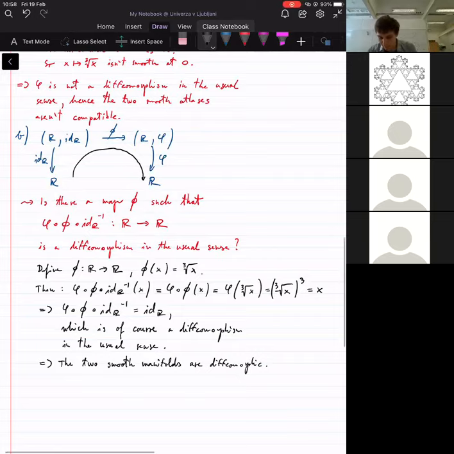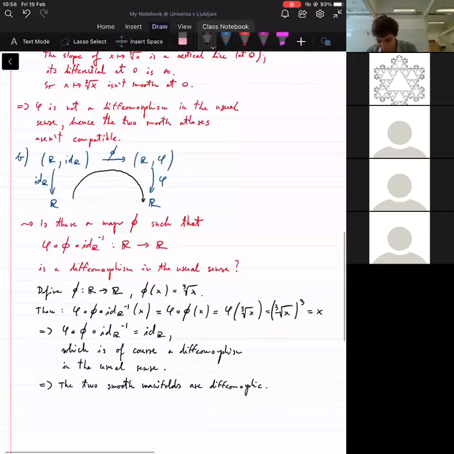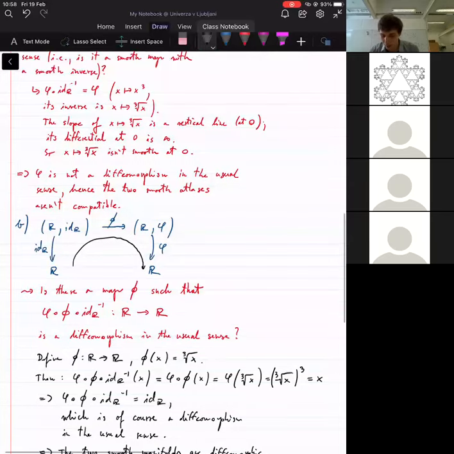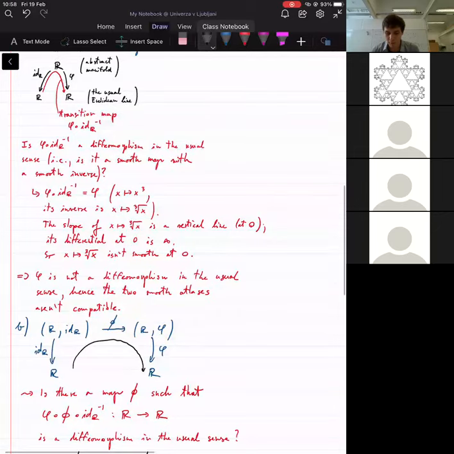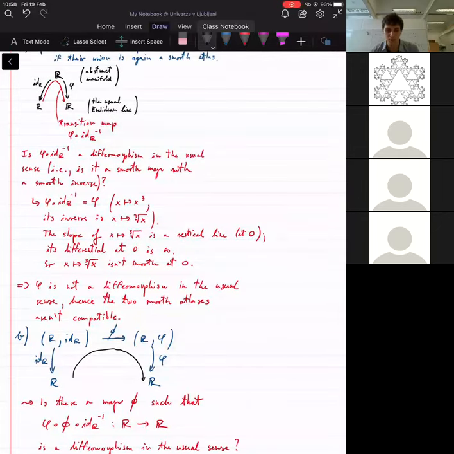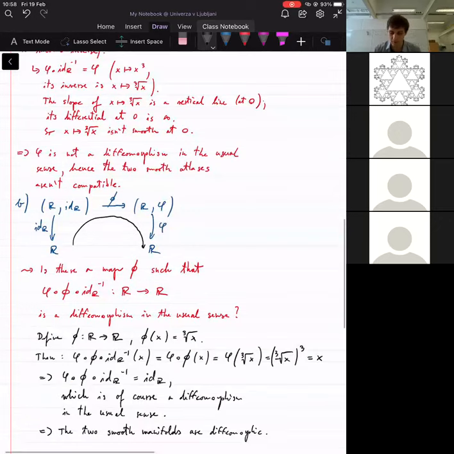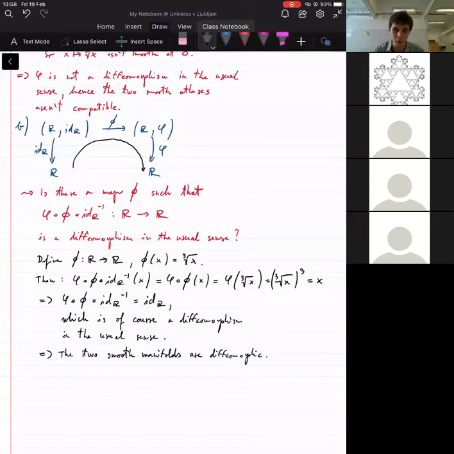So in part A, these two atlases were not compatible because the transition map was not a diffeomorphism in the usual sense. It was the third root of x, right? The third root of x was where the problem was.